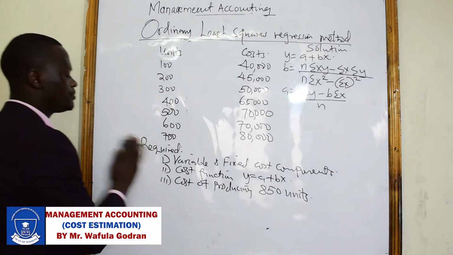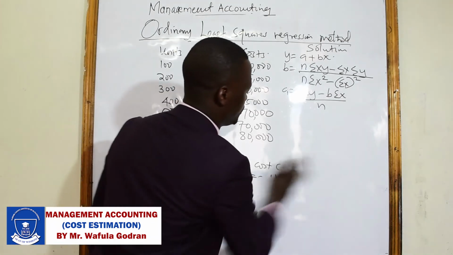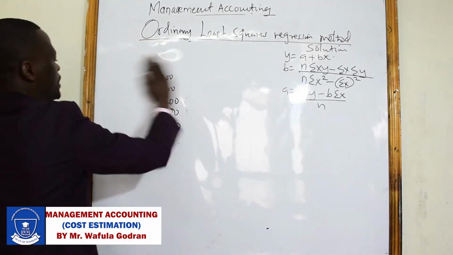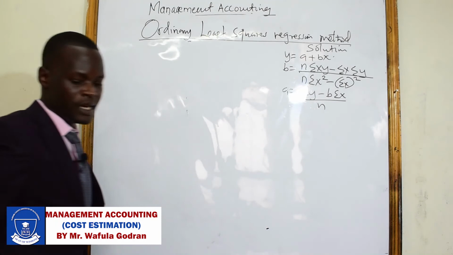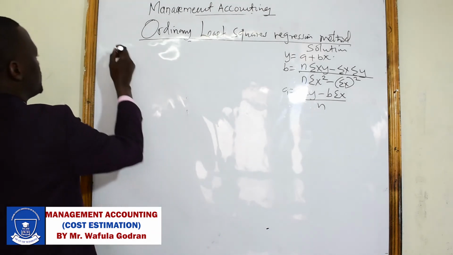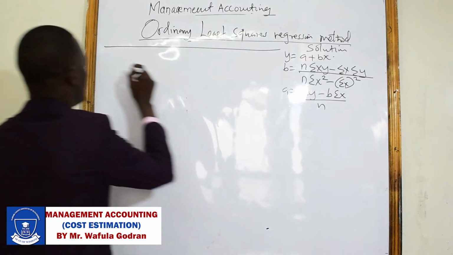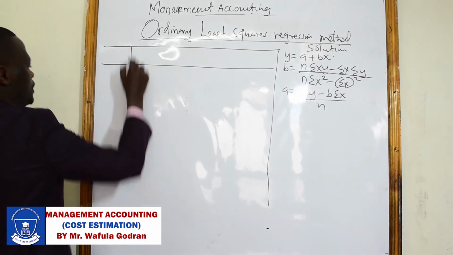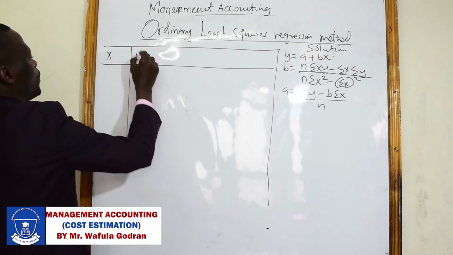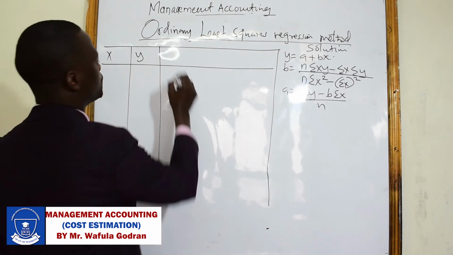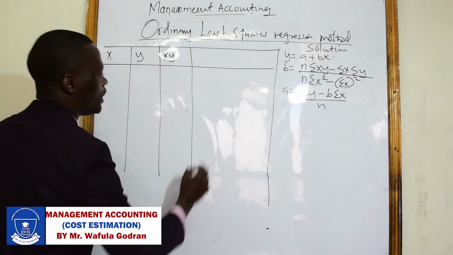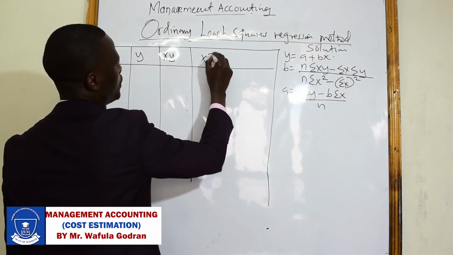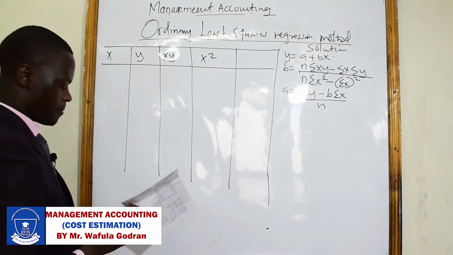Then we go to the data and tabulate it. Once we have known that, we tabulate the data to obtain the items that we can see. In this table, we are going to tabulate first the x, the y, xy, and x squared. I think that's all.